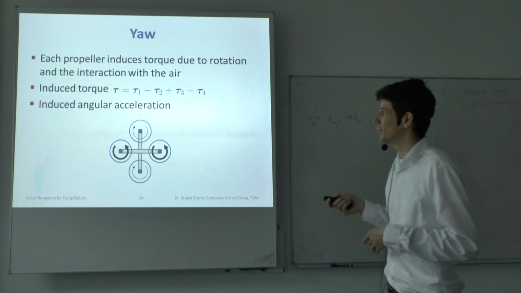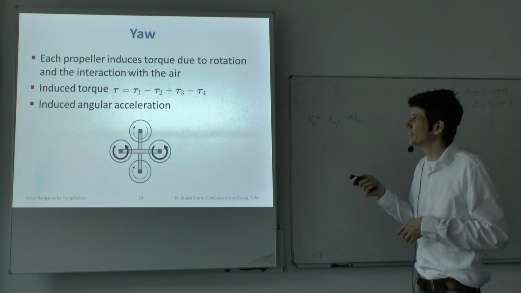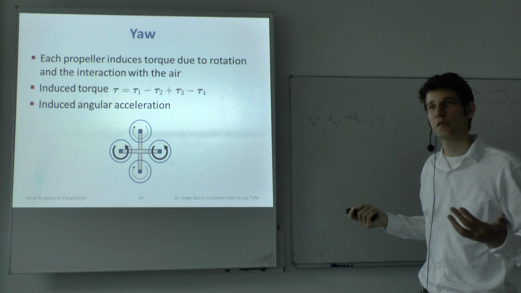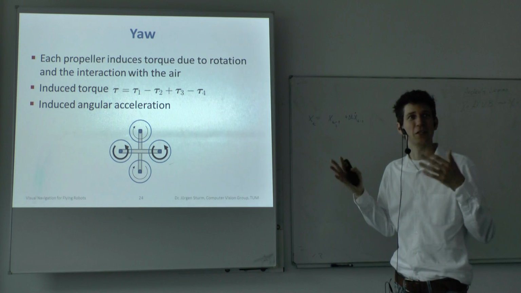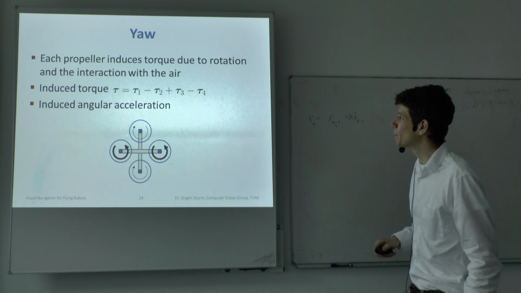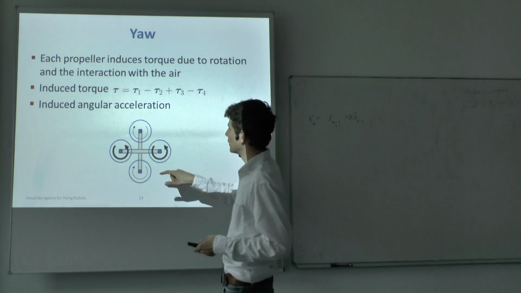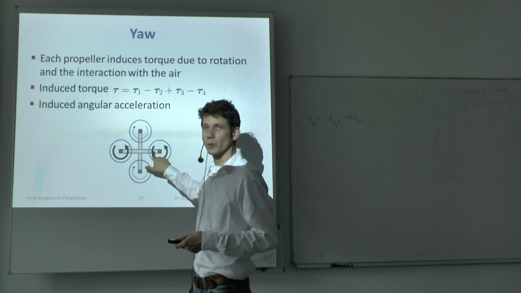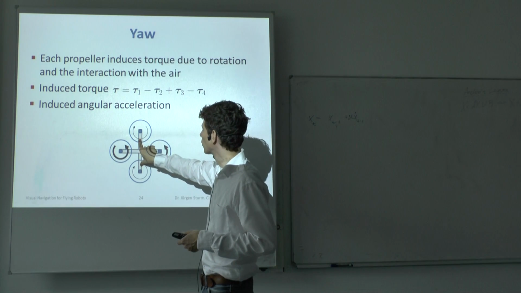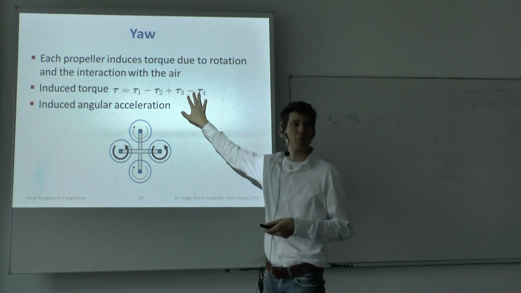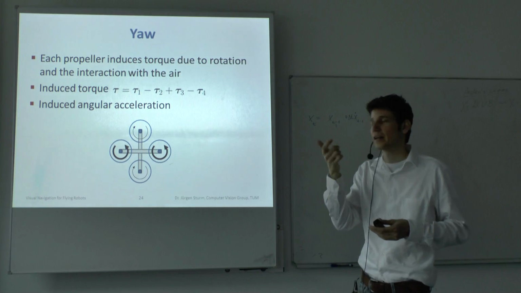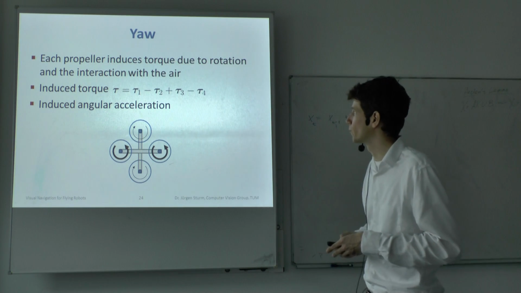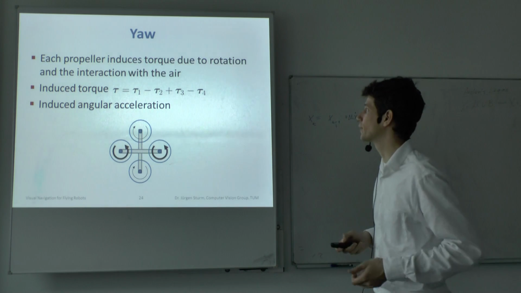And this is built in such a way that the total torque that all of the four motors induce sums up to 0, which means no torque. But if you, for example, let these two motors rotate faster than these two motors, then the torque won't sum up to 0, and this will induce rotation around the central axis of the quadrocopter. And in this way, you can turn left and right.